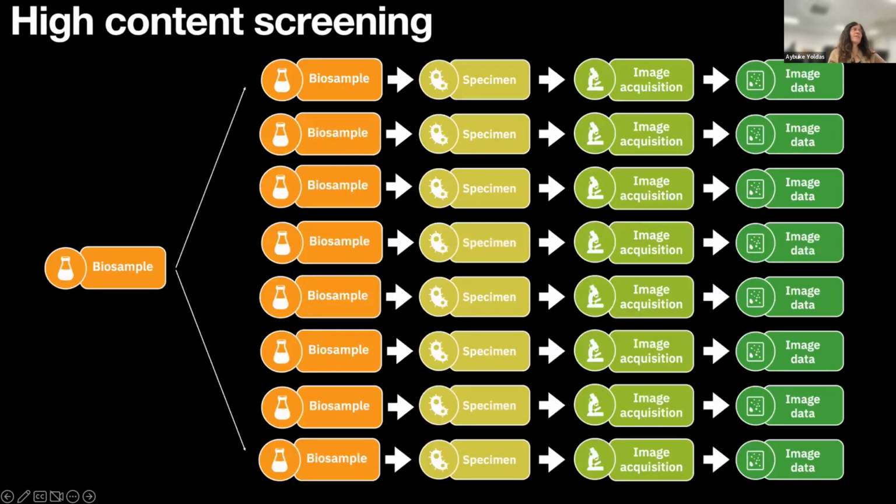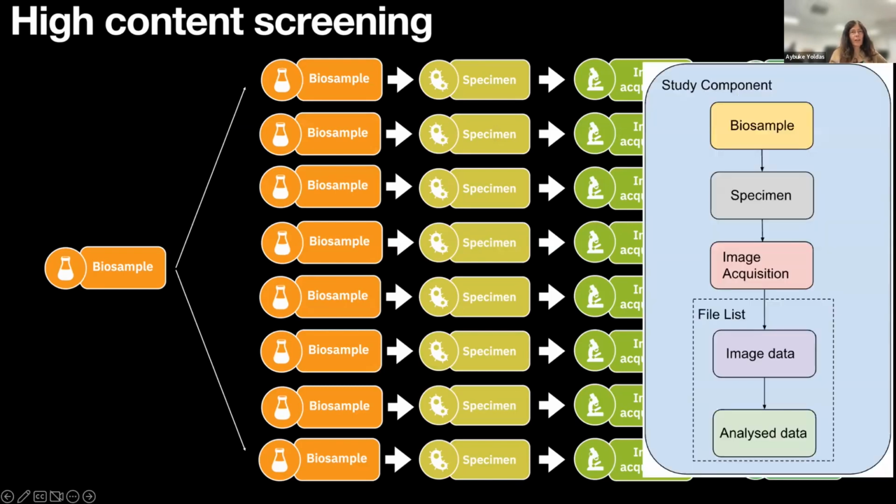For instance, the high content screening data, where you have multiple biosamples and multiple specimens, in which case we recommend still using the single study component to encapsulate these high content screening data, but instead of creating multiple biosample subfields, putting this information into the file list, as I mentioned, because it is different from image to image.